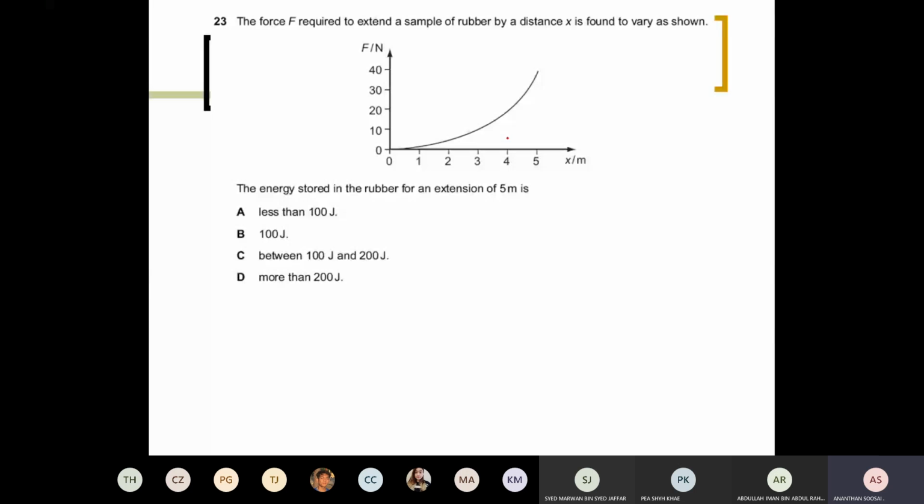So area under graph. I'm receiving answers. So yeah, I think A, right? All of you said A, two of you said A. It should be A, right?